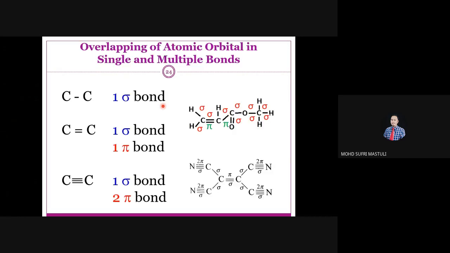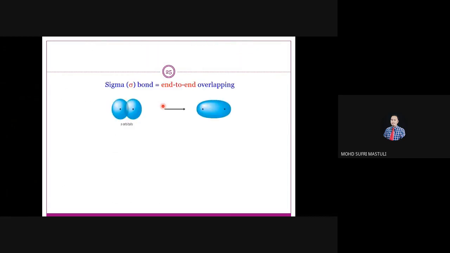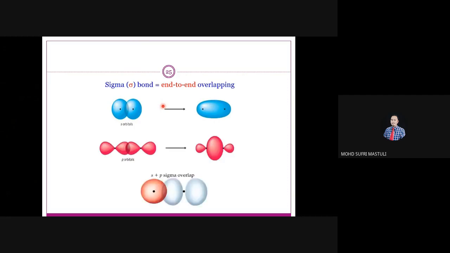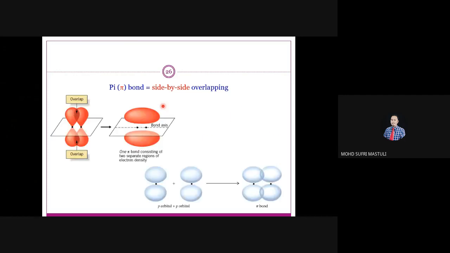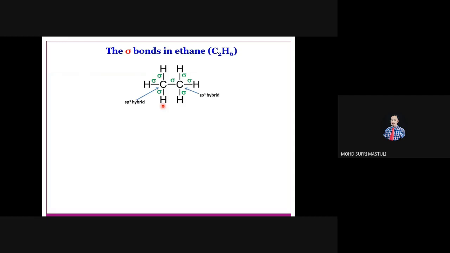We know how to count how many sigma and how many pi, and how the sigma can be formed, s with s, or s with px. And we also focus on the pi bonding, py and also pz. So for any molecule given in the question, you should be able to tell how many sigma and how many pi.